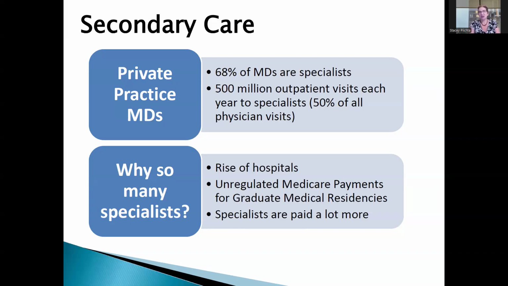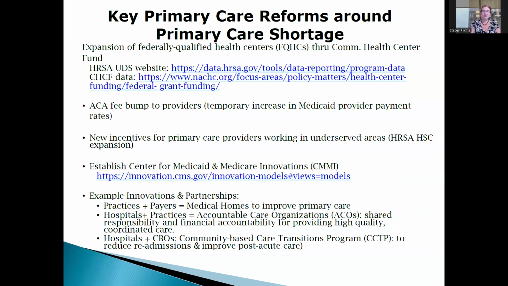And the teaching hospitals in which these residencies are located typically choose to have more specialty residencies than primary care, in part because it's easier to fill specialty residencies. Medical school is expensive. Some people go into medicine to make money, and you're simply going to make a lot more money as a specialist.